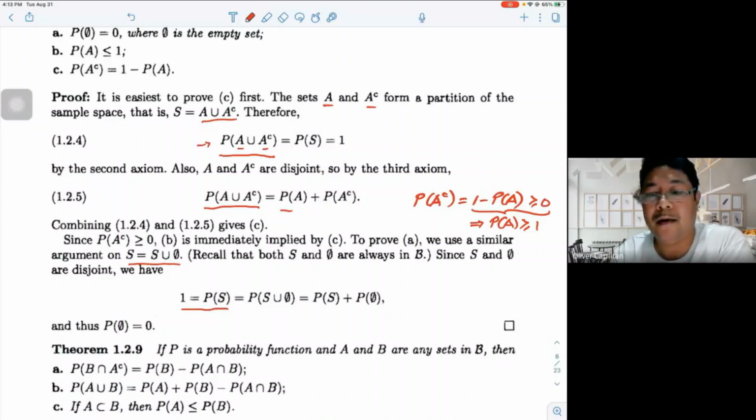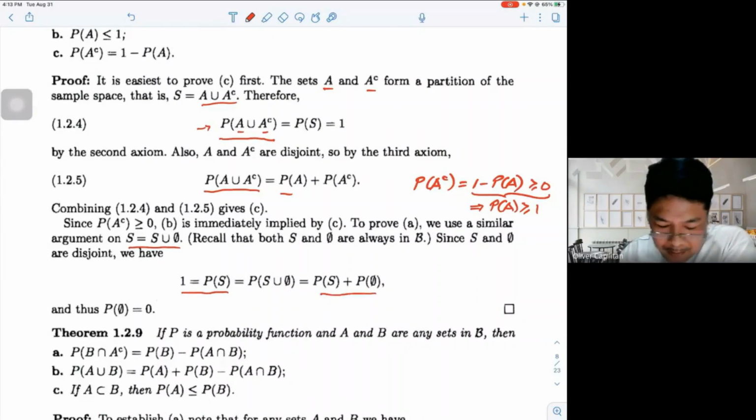Using axiom number 3, the probability of the finite union of S and the empty set, which are disjoint events, would be equal to the summation of the probabilities. If we have this equality, then that would imply that the probability of the empty set is equal to 0.